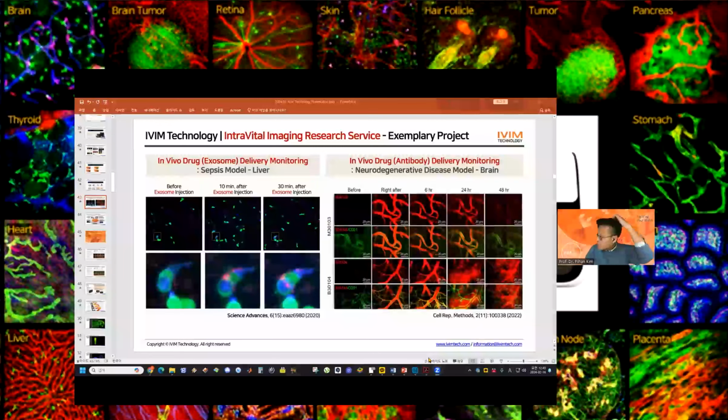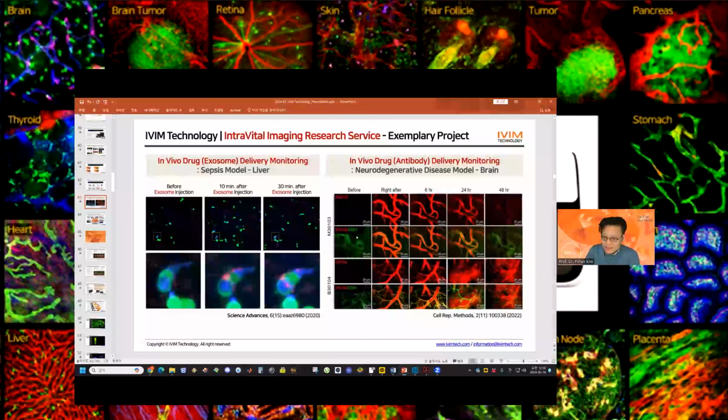Okay, so we have many questions in the Q&A box, but before answering those questions, let me just show these slides. So this is actually how the antibody drug looks when we do imaging. Antibody is very small, so we cannot distinguish the individual molecule, but still we can see it looks like a diffused signal inside the tissue.